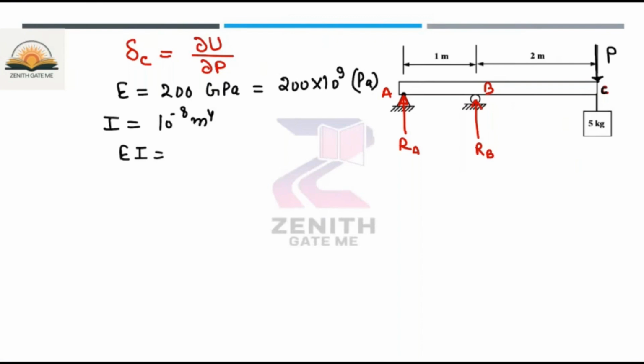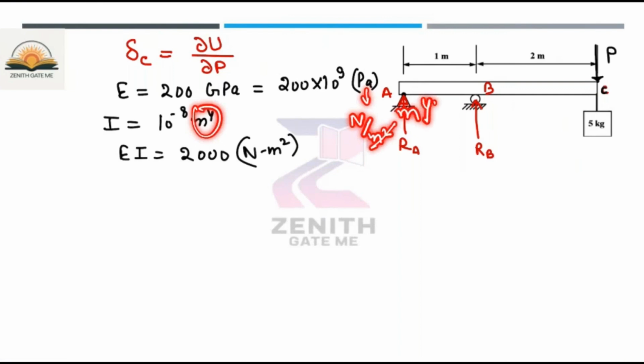Once you multiply, you get 2000 Newton meter square, because Pascal is Newton per meter square and meter to the power of 4 gives Newton meter square. 10 to the power of 9 and 10 to the power of minus 8 is just 10, so multiplying with 200 you get 2000.